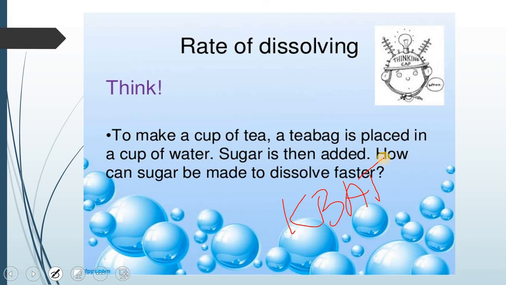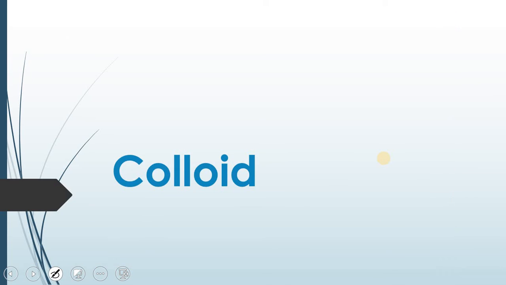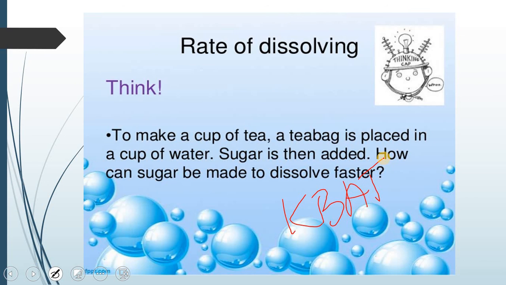Sugar is then added. How can sugar be made to dissolve faster? So contohnya if we have soalan kebat for this, and then they ask about Siti or Aini or Ramli making a cup of tea, you have a cup of water, and then you added sugar. So how is this sugar going to dissolve faster in this drink?